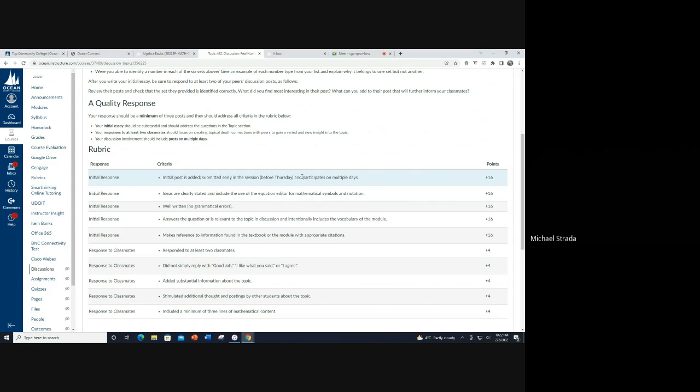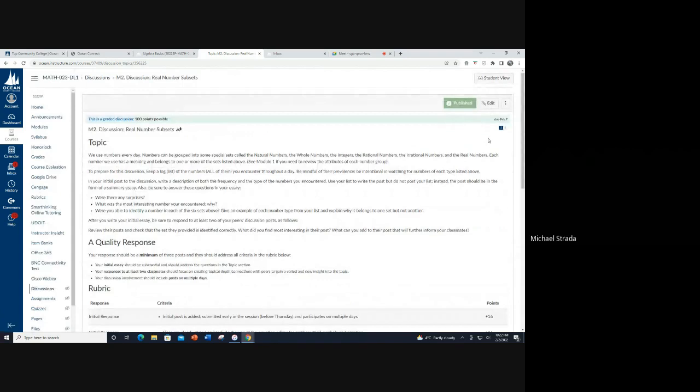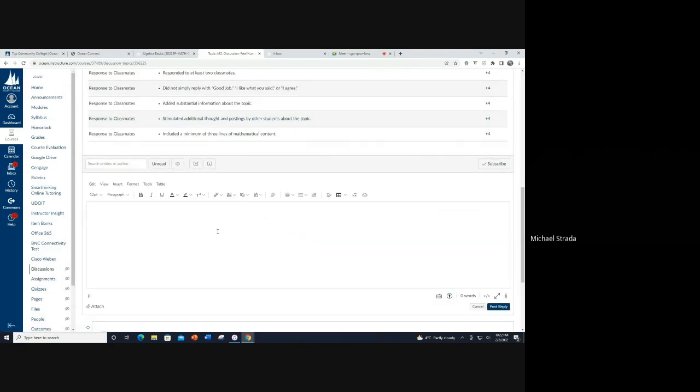Now, the equation editor. Let's see if I can get this up here. Let's say I'm going to comment on something, and I'll delete this before I go. The equation editor is this little square root symbol.